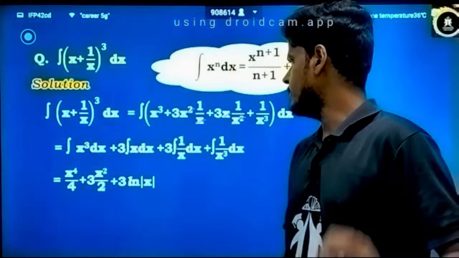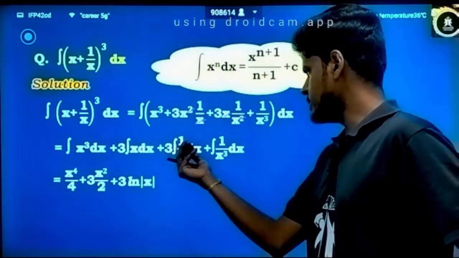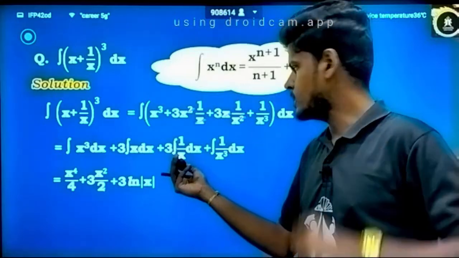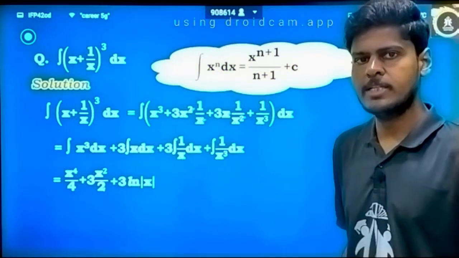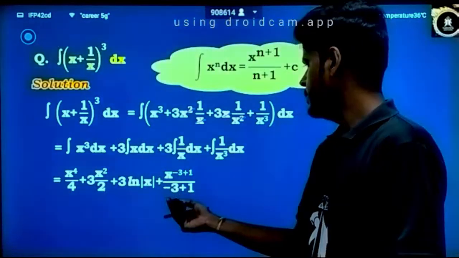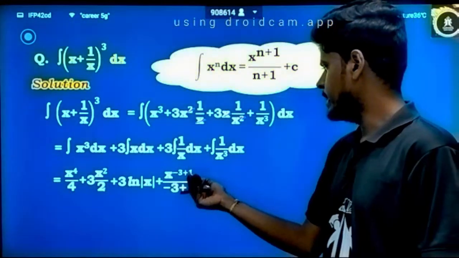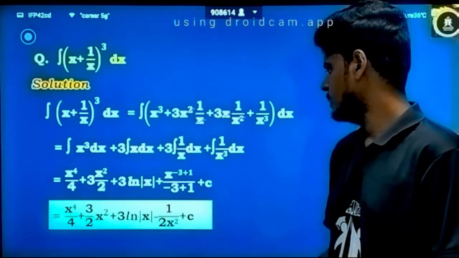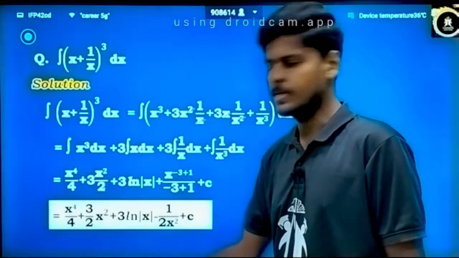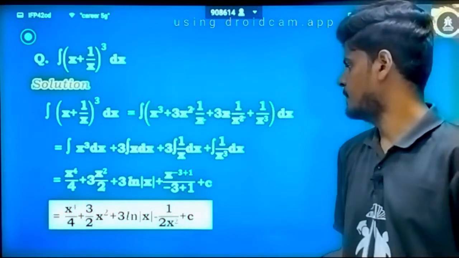It is applicable for all the values except 1 by x. Integration of x power minus 1, that is 1 by x, will be log x. Other than that, use the formula x power n integration. So this will be minus 2 by minus 2, that is minus 1 by 2x square. So this is the final answer.